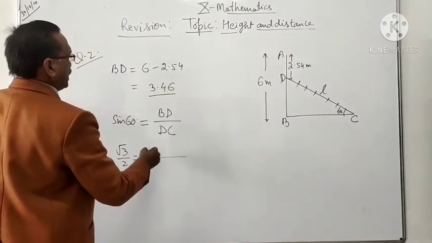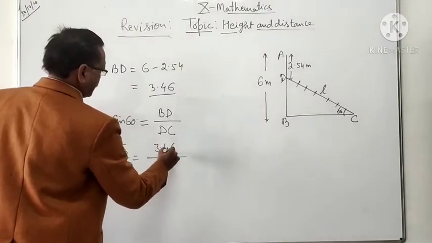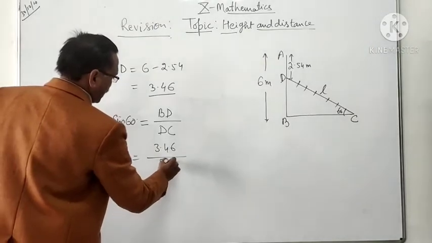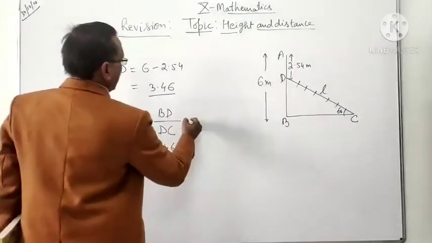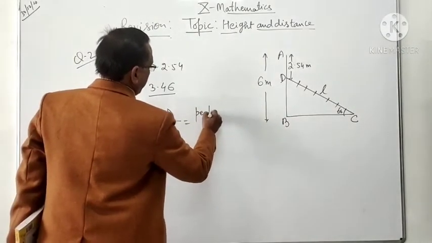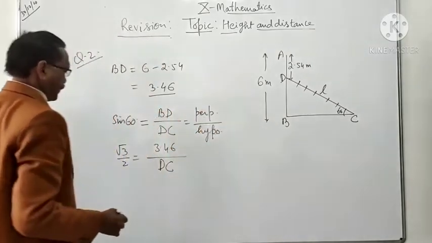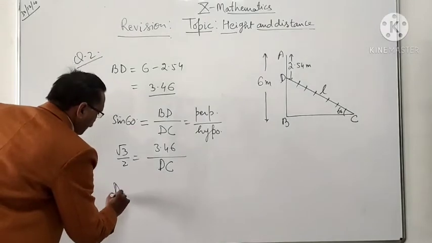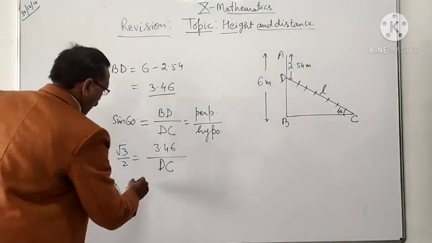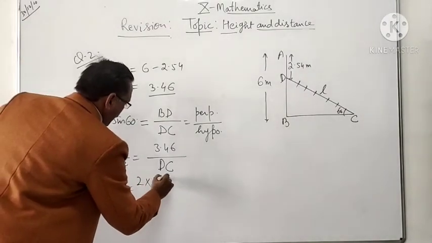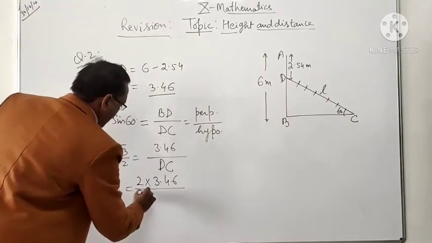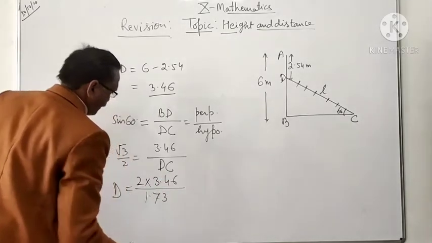Here BD is 3.46, DC you have to find. Sin theta is perpendicular upon hypotenuse. Now DC equals 2 into 3.46 upon root 3, it is 1.73.